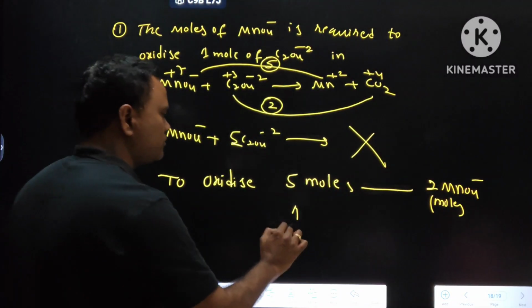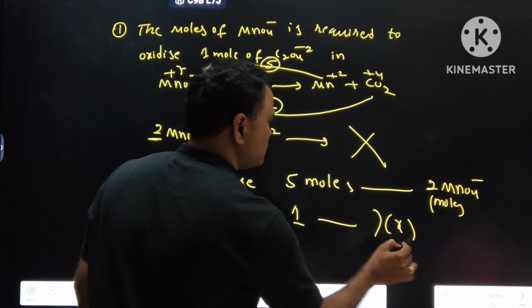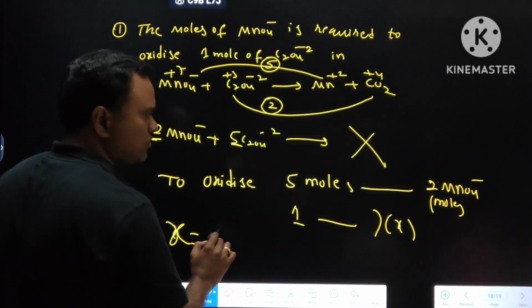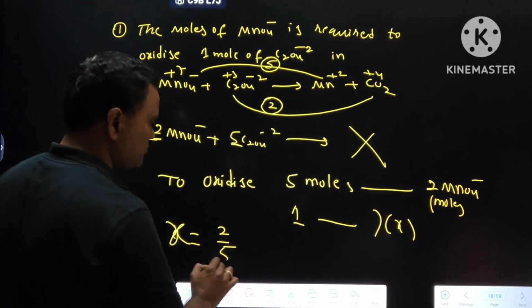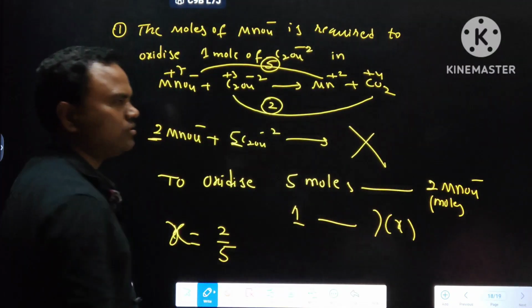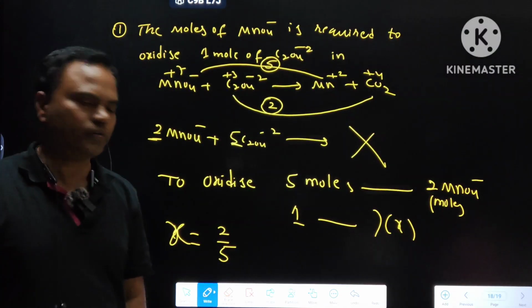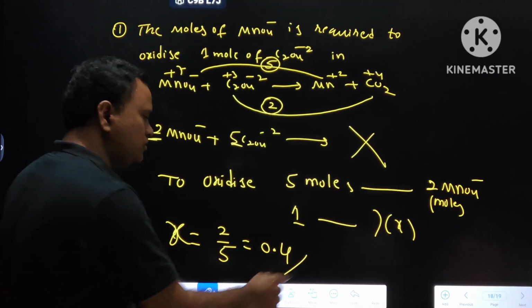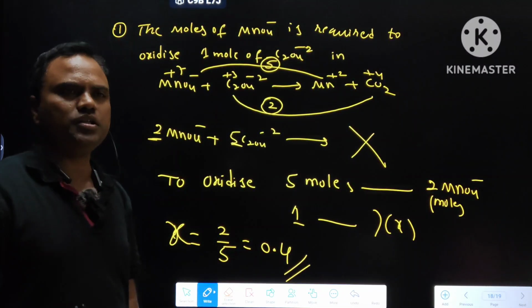For 1 mole, X is equal to 2 by 5, correct? 5x is equal to 2. X is equal to 2 by 5, which means 0.4 moles. This is another model question.